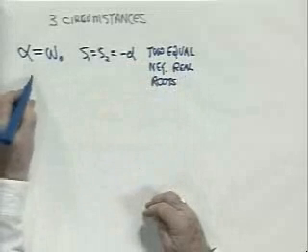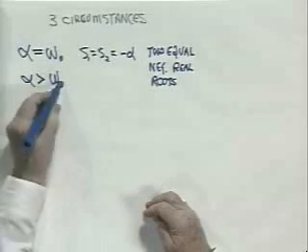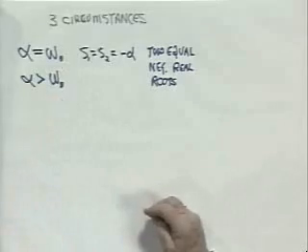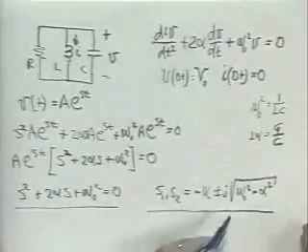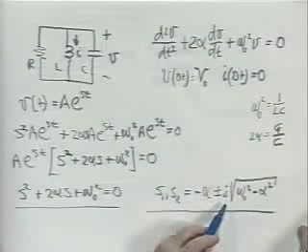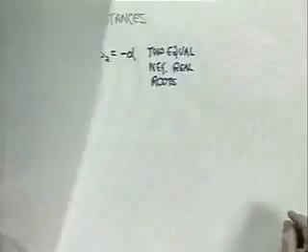Second possibility is that alpha is greater than omega naught, in which case this term, the second term, is no longer imaginary, it is real. And I get a factor here which is added or subtracted from alpha.